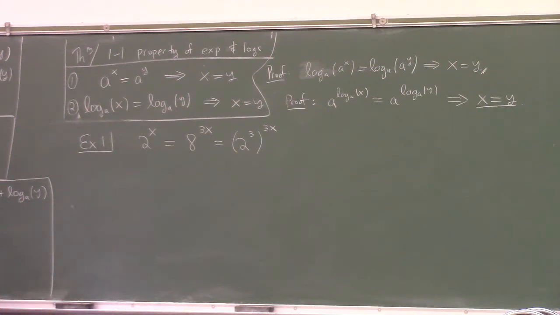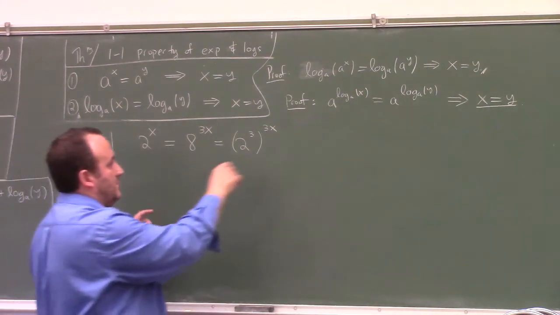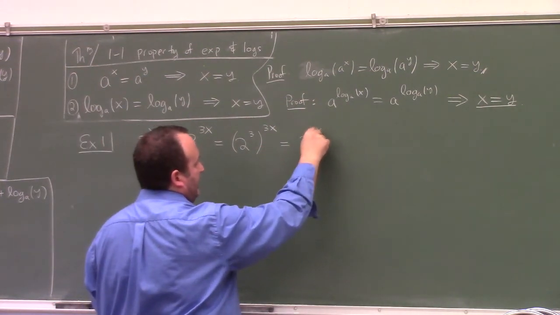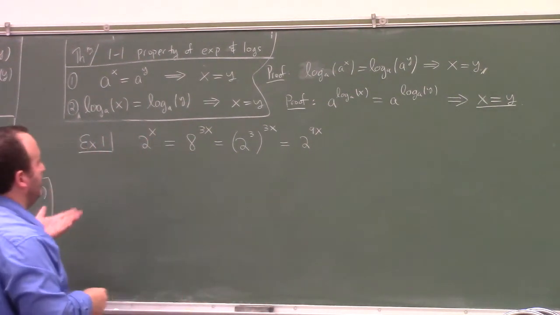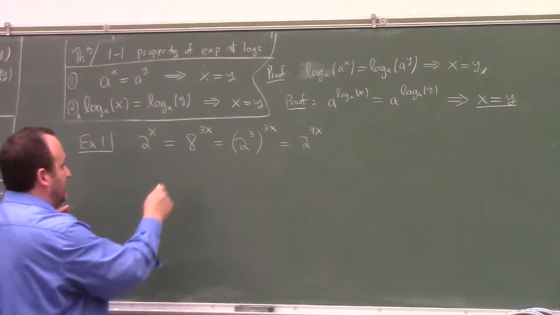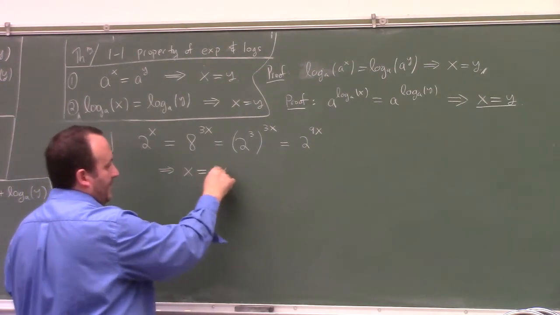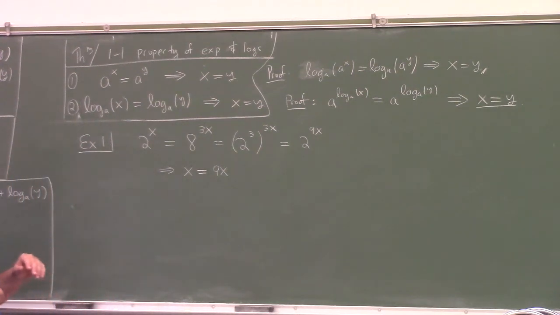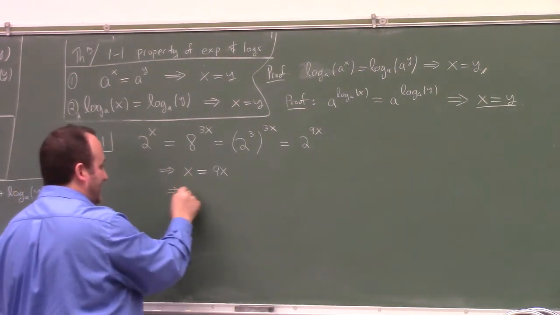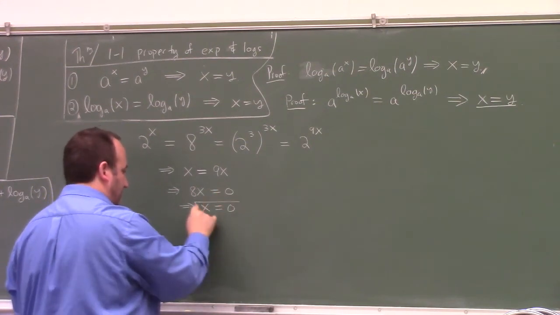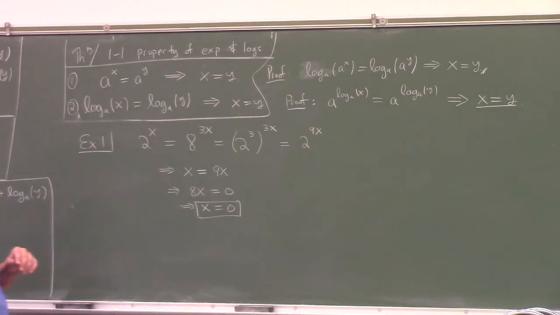So what do I actually have here? 2 to the 9x. So by part 1 of this theorem with a equals 2, this implies x equals 9x. If x is equal to 9x, what's that tell you about x? This tells me that 8x is equal to 0, which of course tells me that x is equal to 0. So the solution is 0.